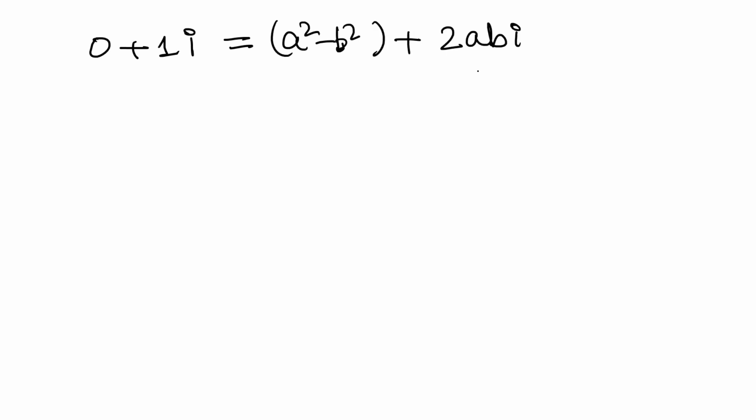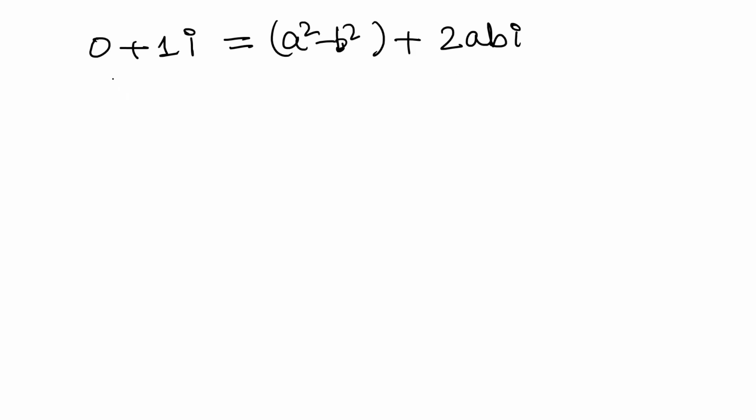Left hand side can be written as 0 plus 1 into i, and right hand side we already know is a square minus b square plus twice of ab into i.